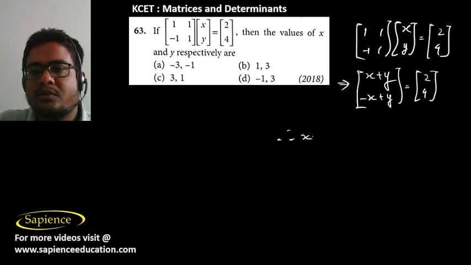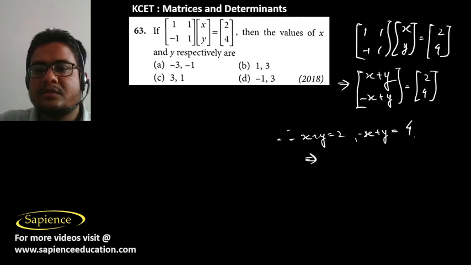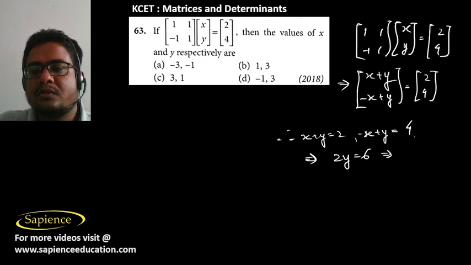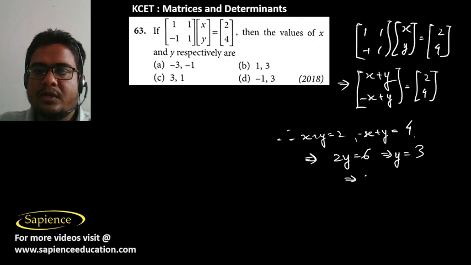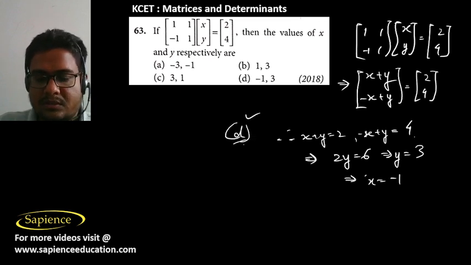So x plus y is equal to 2, and minus x plus y is equal to 4. If we add them, then we will have 2y equal to 6, so y is equal to 3, and then if y is equal to 3, then x is equal to minus 1. X is minus 1 and y is 3. So option D is the correct answer.